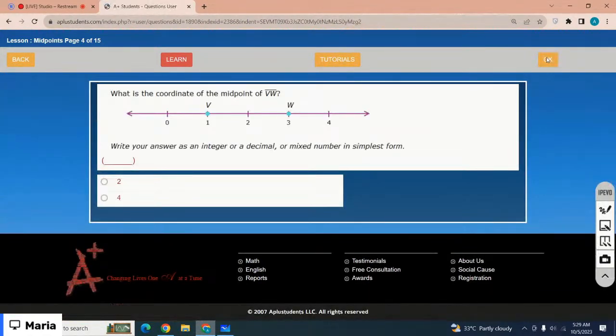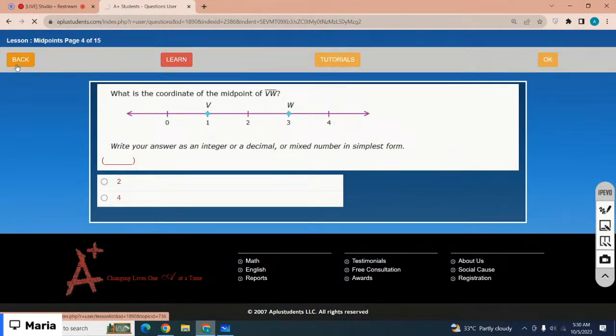Okay, what is the coordinate of midpoint of VW? The correct option is 2. Okay, you can complete the lesson by yourself later today.